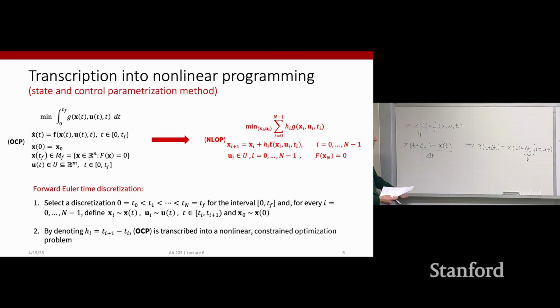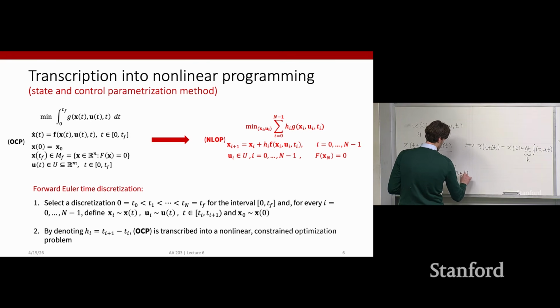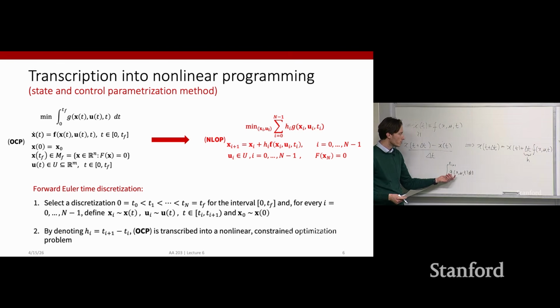And then the last thing that we have to do is also discretize the cost, which is here represented by this integral. But notice that if we consider the integral between Ti and Ti plus 1 of g of x, u, t dt, once we are assuming that we have this zero order hold on our controls, then the cost between Ti and Ti plus 1 is essentially a constant, right?